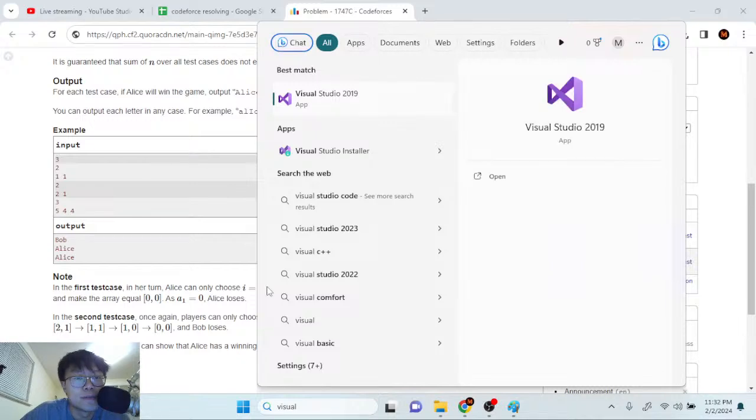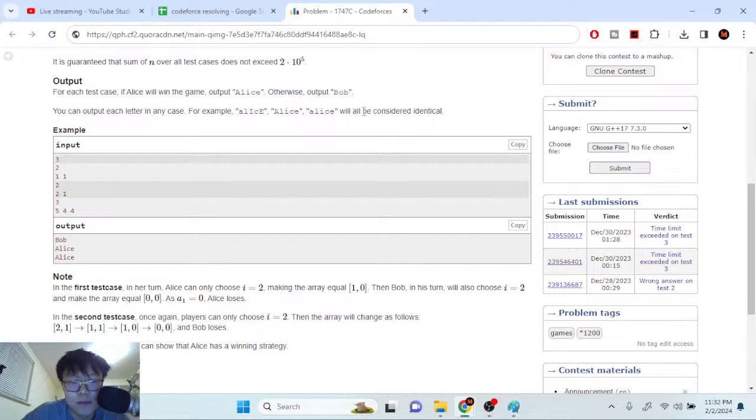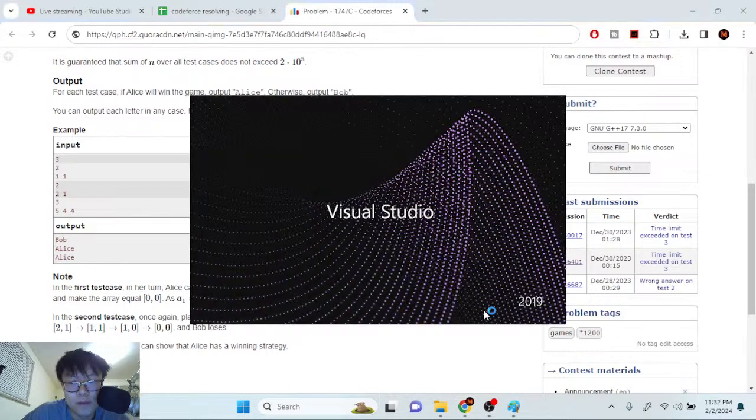Maybe it's all the OBS and the stuff in the background. I don't think it's Paint though. It can't be a Paint problem. All right, if it still doesn't work, I'm using an online compiler. But yeah.